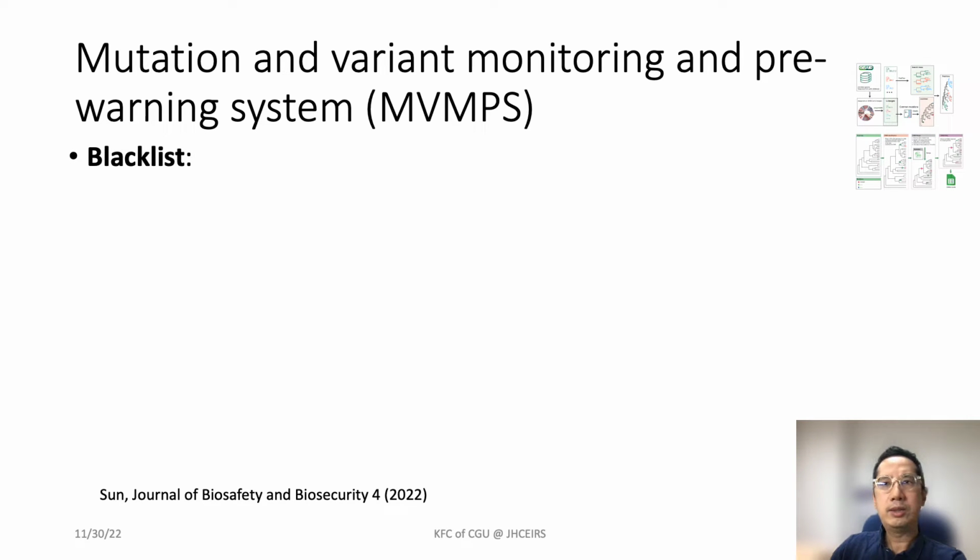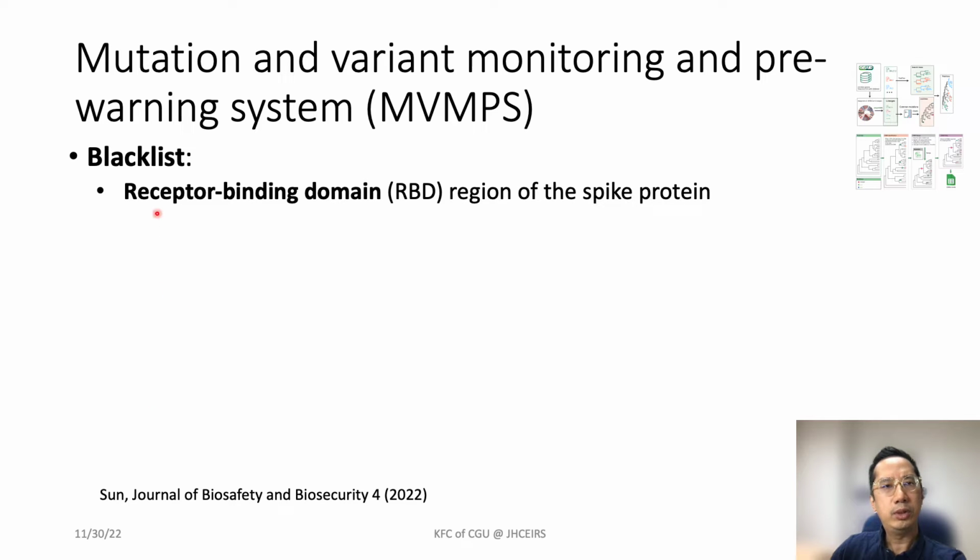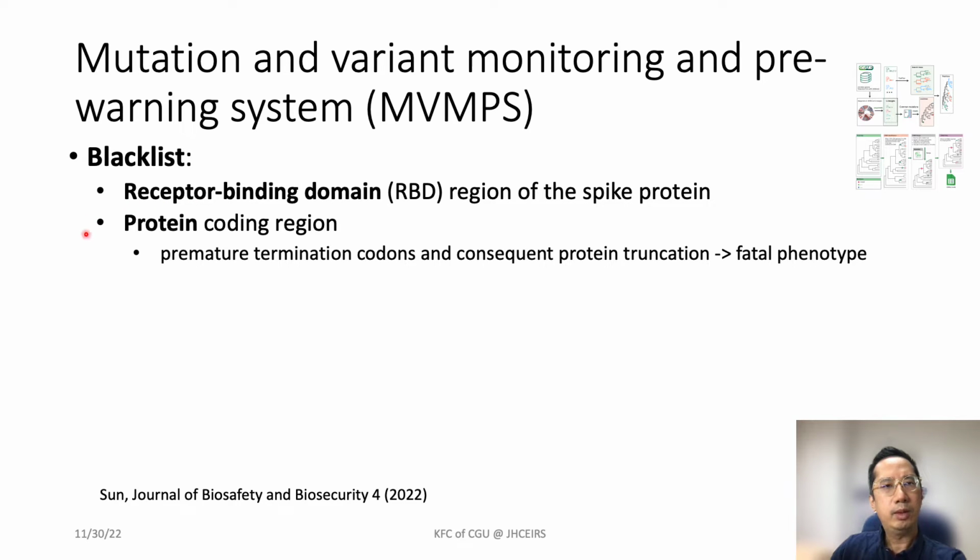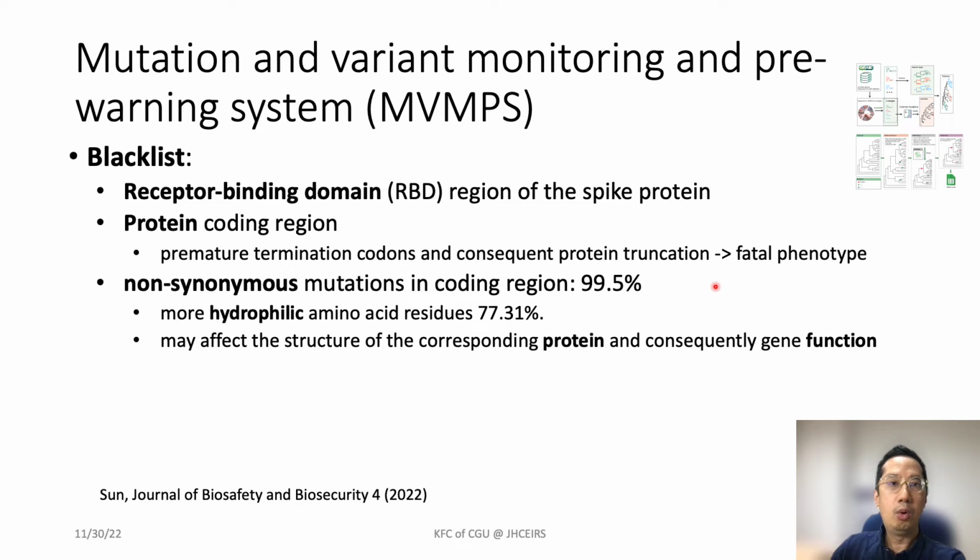So they identified the blacklists, which include mutations in some receptor binding regions of the spike protein, in some protein coding regions, which could mean premature termination codons, or some important truncation that would result in fatal phenotypes, or even some non-synonymous mutation in the coding region that could result in a more hydrophilic amino acid residue, or may have affected the structure of the corresponding protein and the consequent gene function.